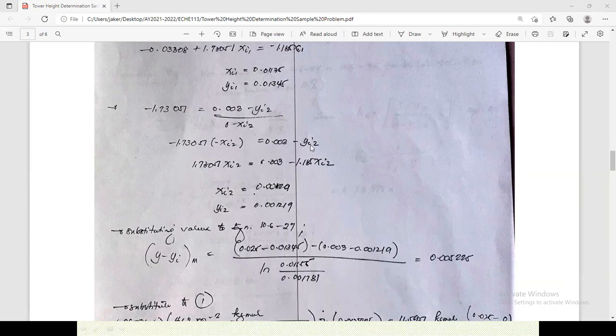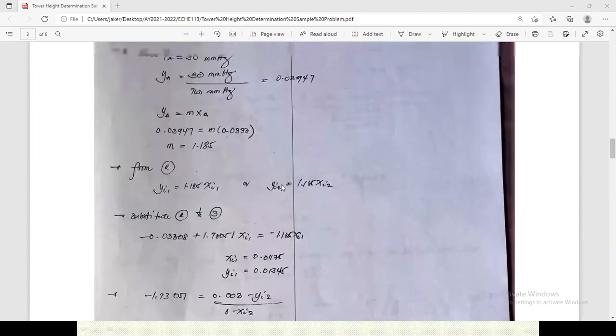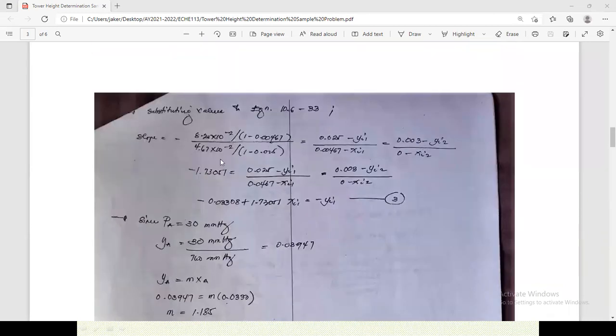Now, this one, where did we get this equation? It's taken from this one. So instead of equating the slope here to this, now this same slope value, which is negative 1.73051, this time is equated to this one.